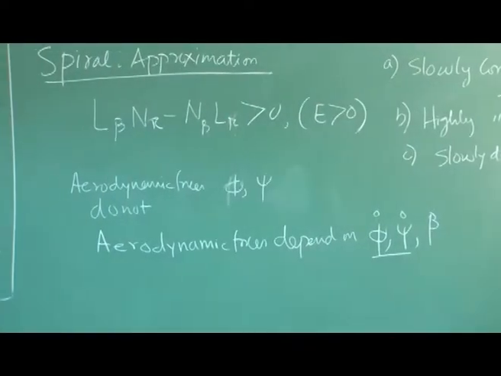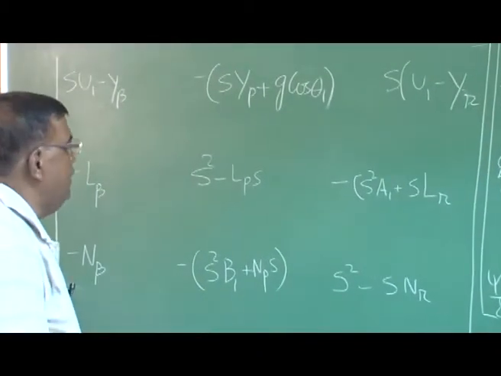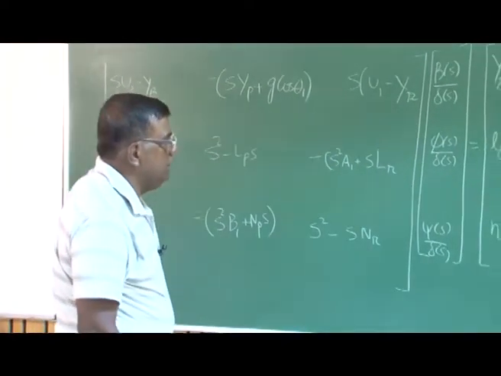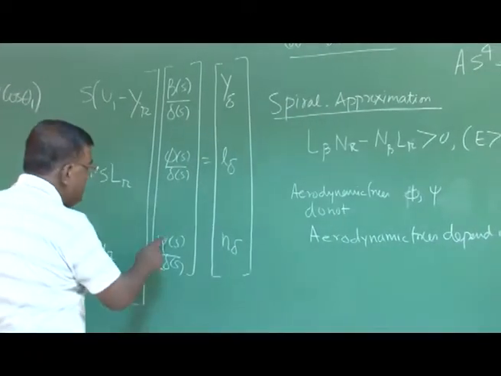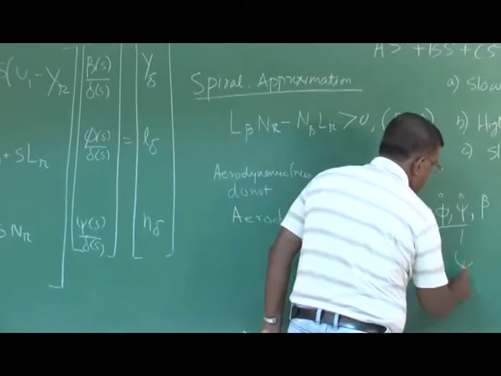And then, if we now try to simplify, which I am again cautioning you is not a very good approximation, we have to incorporate this understanding into this matrix. And remember, instead of psi, the variable is psi dot.